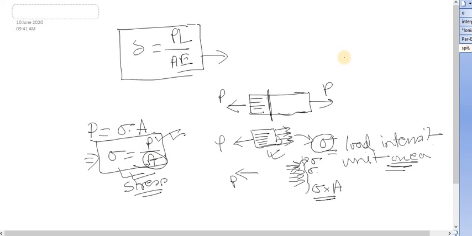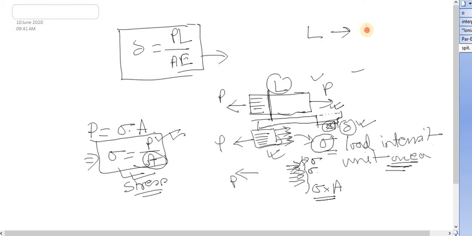Now again, consider this figure. After applying this load, what happened? It was simply stretched. So the total amount of stretch, let's say it was delta. If the length was L and the total stretch, or total increment in length, is small delta, I can say for length L it was increased by delta.